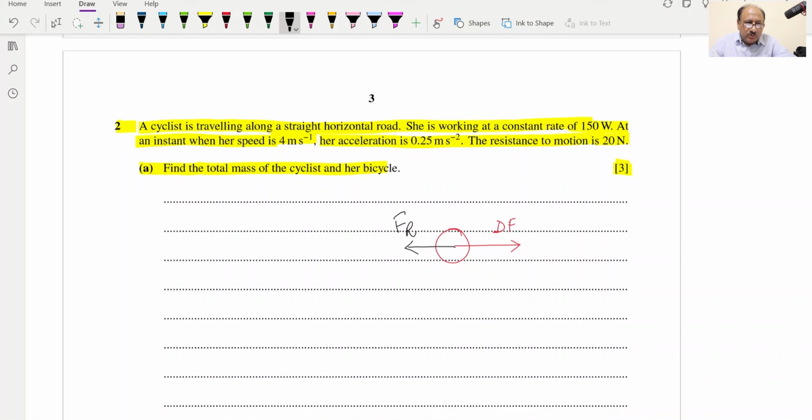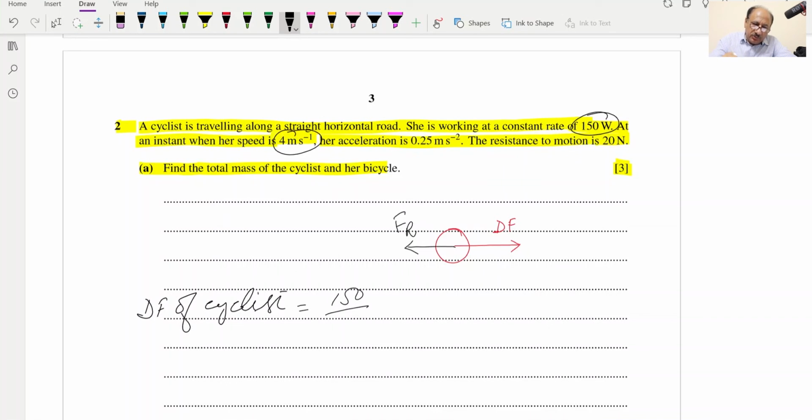Now this is the situation, and we can calculate the driving force of the cyclist. So driving force of cyclist will be equal to 150 watt divided by 4 meter per second.